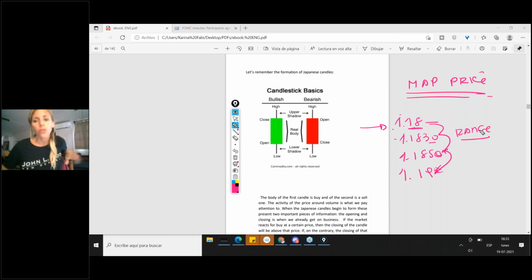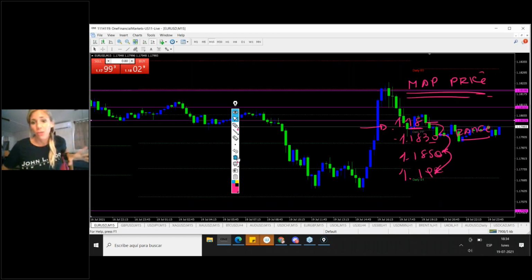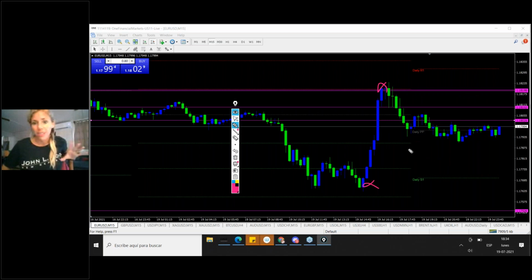Market range, you have to keep it real, because the map price gives you all the information, but it depends on the volatility of the day and the volume of that specific day. So today, euro dollar had a lot going on, and it was not high impact information today, no employment, no rates, nothing. But we don't have all of this every day.